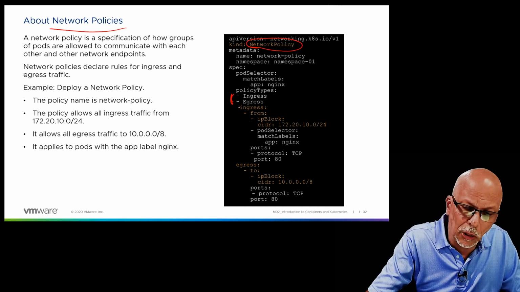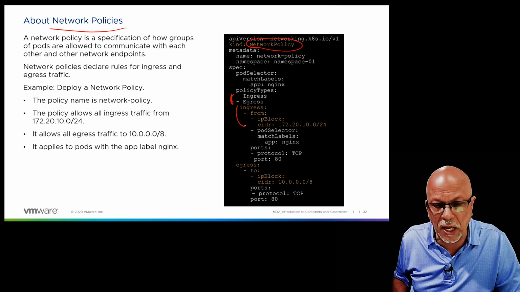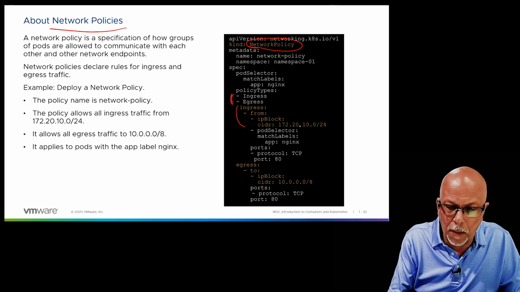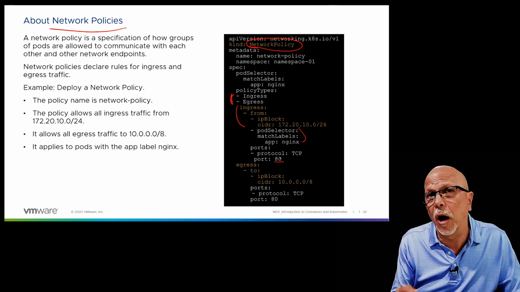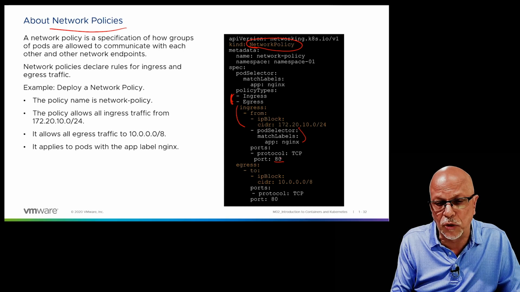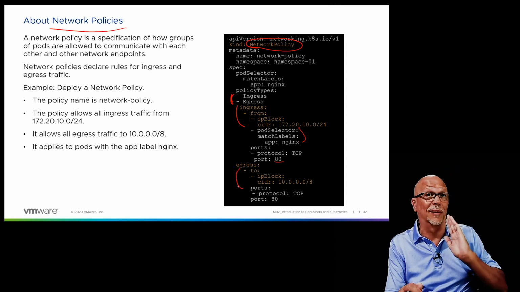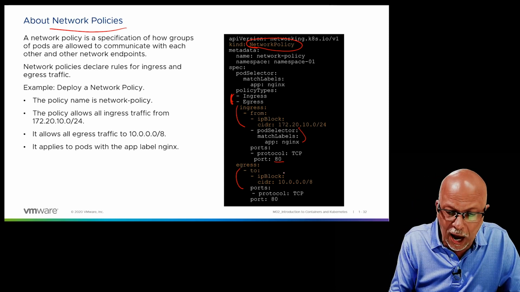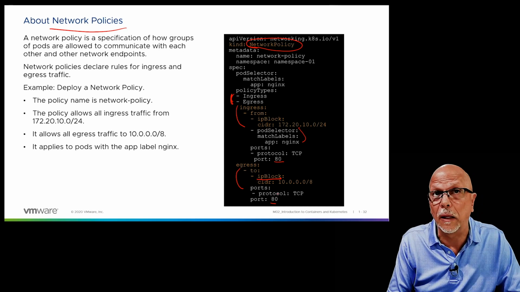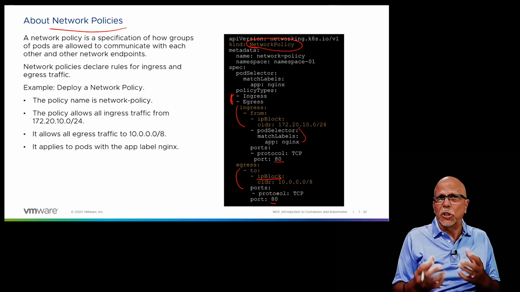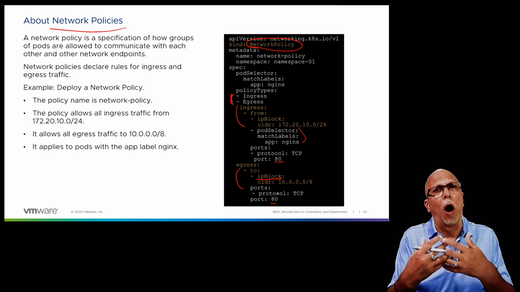I'm allowing an ingress from this particular IP range or from pods selected like this on port 80. And for any of the pods that I've selected here, I'm going to allow egress out. What traffic is allowed out? They're allowed out to only this IP block on port 80. So network policies are a way for us to define firewall rules for our pods.